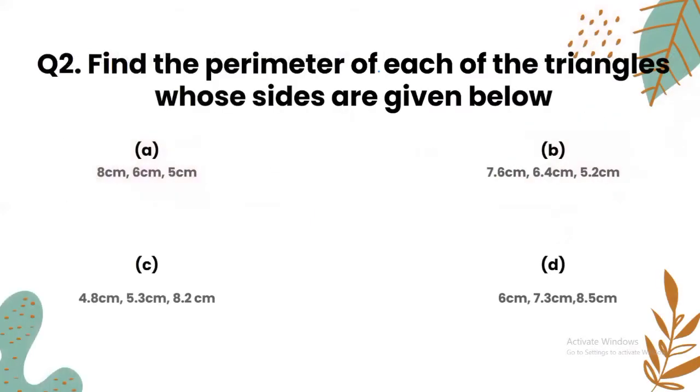Second question, you can check: find the perimeter of each of the triangles whose sides are given below. So now again you need to use the formula. What is the formula of a triangle? Sum of sides.